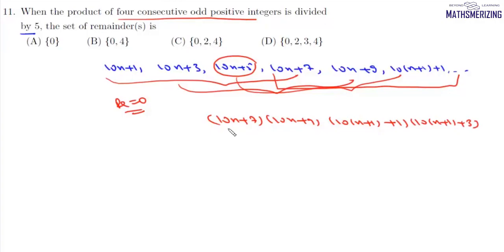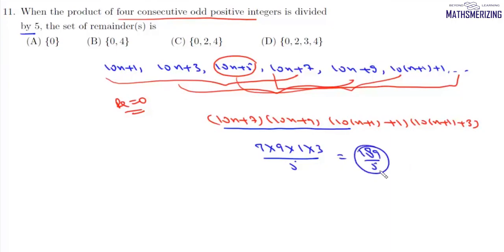Now when we divide this product by 5, its remainder will be the remainder of the constant term, which is 7 into 9 into 1 into 3, divided by 5. So it will be 189 by 5, and if we divide by 5, we'll always get the remainder 4. So there are only two remainders possible, either 0 or 4, and that's your option B.